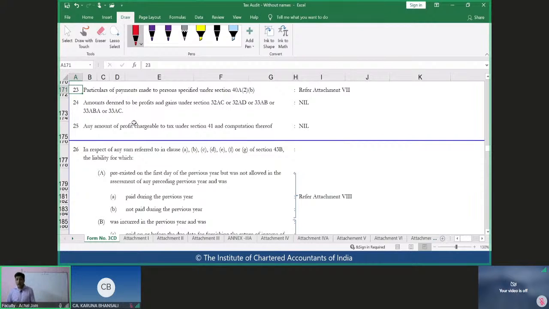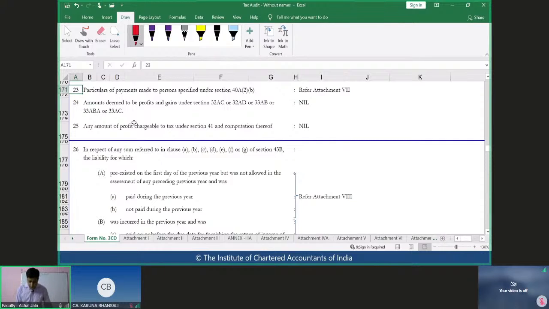Then comes the amount of profit which is chargeable to tax under section 41 and its computation. Now for this section, for this type of computation, auditor will also need to look at some of the transactions.